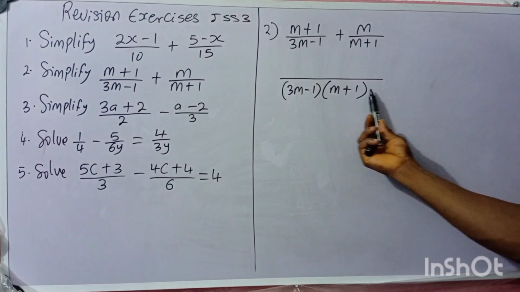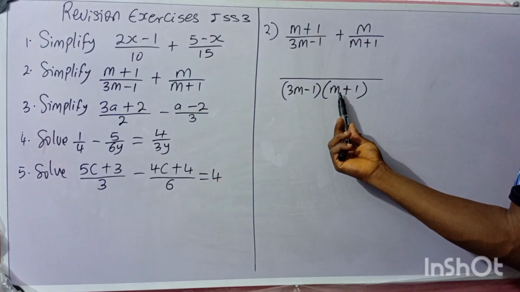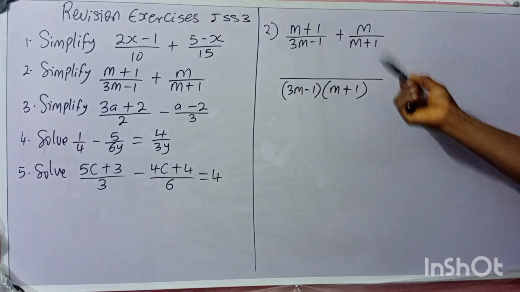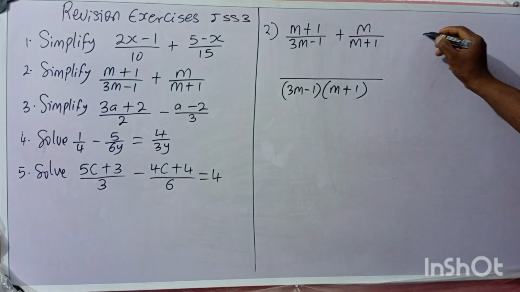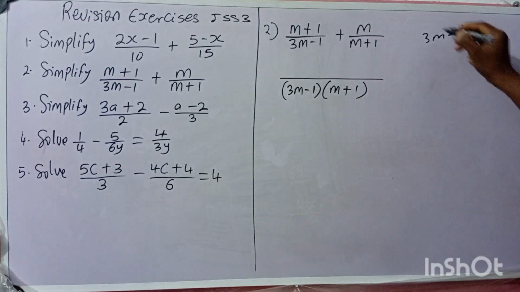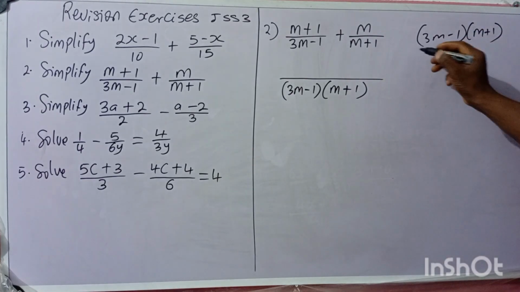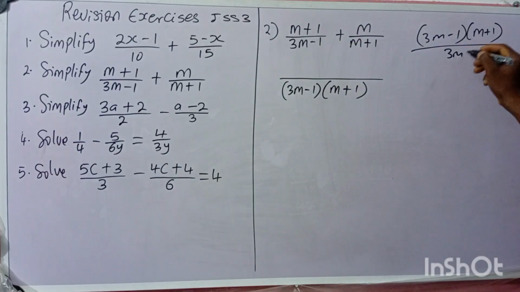All right, so the LCM, which is (3m minus 1)(m plus 1), divided by 3m minus 1.